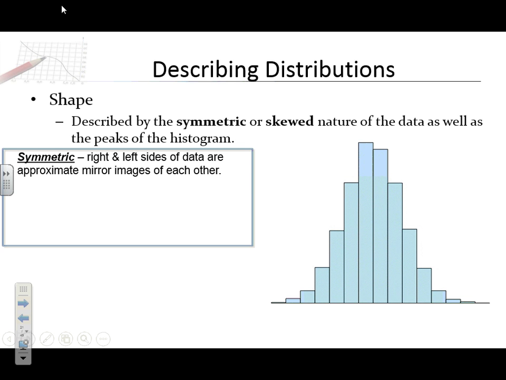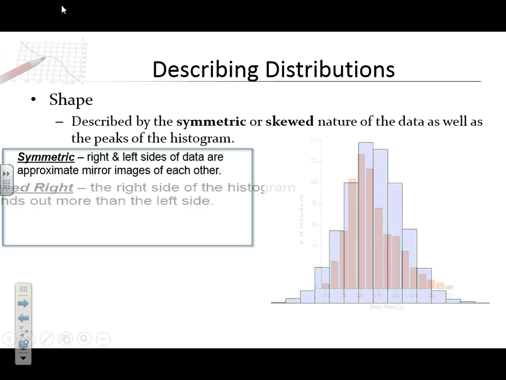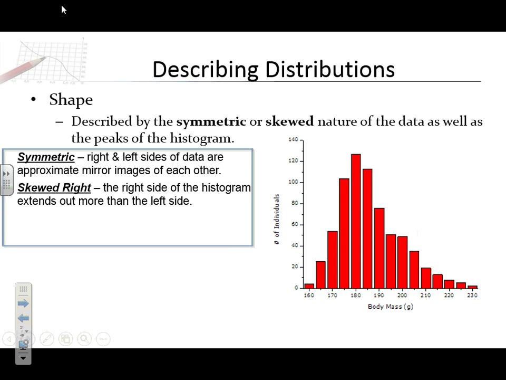Okay. Now, when that peak starts getting shifted one direction or another, so right now the peak's right in the middle, and the left and right hand sides are pretty similar in terms of counts and looks. But if that peak gets moved, either earlier in the data or later in the data, that's where we start getting the skewed nature. So skew comes in two directions.